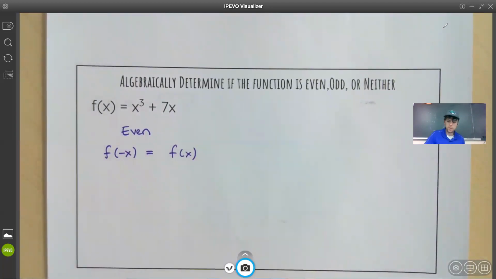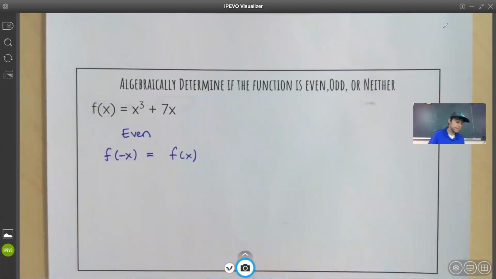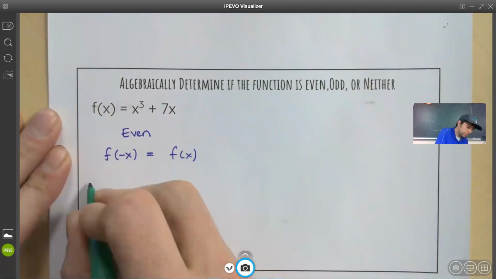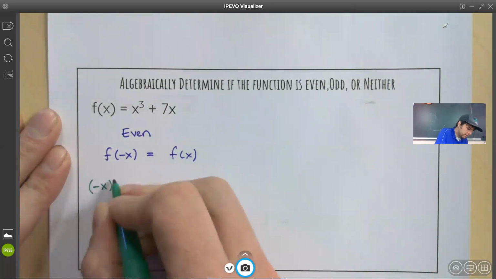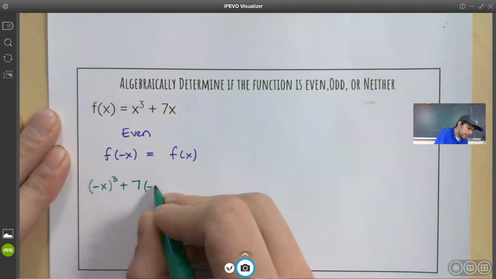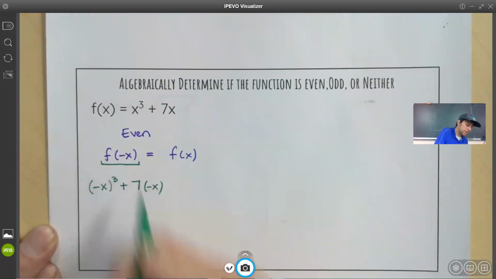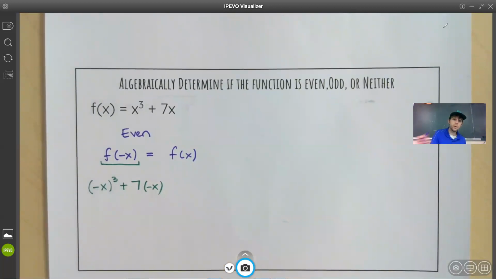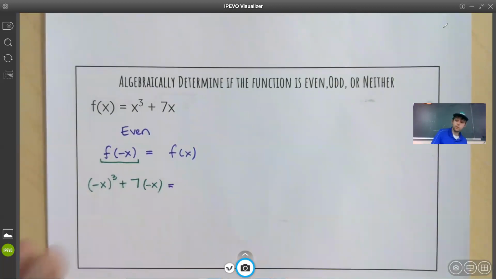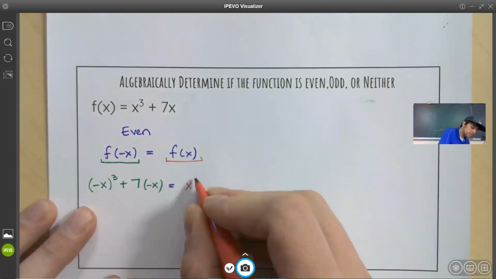So we're going to show what those things are equal to, simplify them, and see if they're the same or not. So f of negative x would be plugging in negative x in place of all of these x's here. So we would get negative x to the third power plus 7 times negative x. That's me simplifying this down right here. And we're going to try to determine whether or not that's going to be equal to the original function f of x. So the original function, no changes made to it.